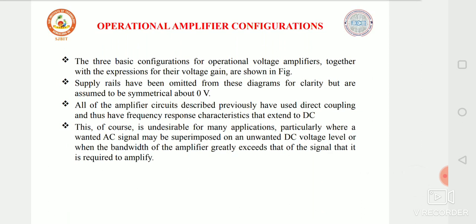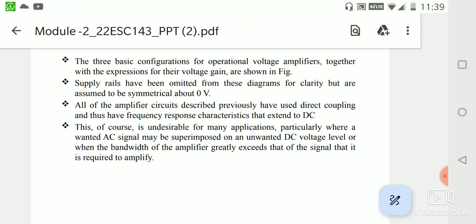All the amplifier circuit designs previously have used direct coupling and thus have frequency response characteristics that extend to DC.